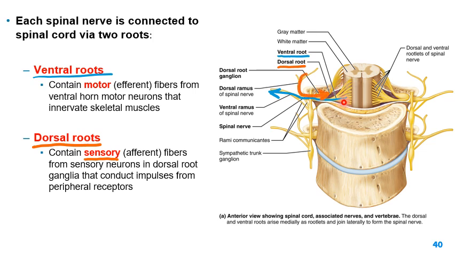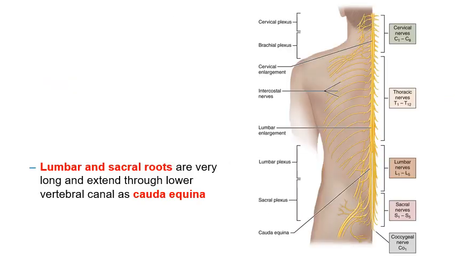All right. The parts that are diverging from the nerve, you call that ramus. So this is diverging, getting inside of your vertebral column. I'm getting tired. All right.